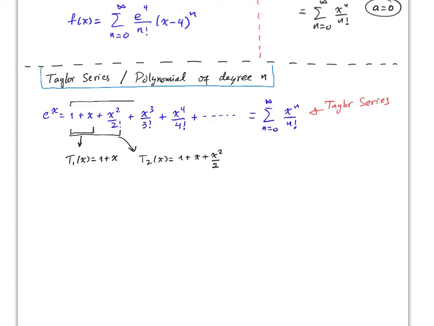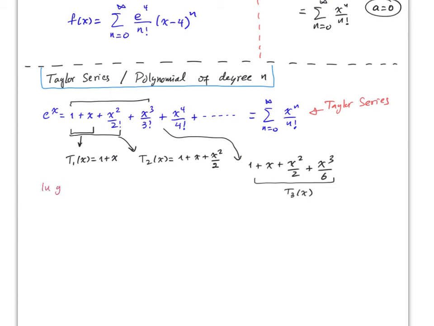And if we use this 3, then it will be the third polynomial, which will be 1 plus x plus x squared over 2. And obviously, the more terms you use, the more accurate it will be. Why is this important? Well, because you need to approximate things. So in reality, you will use the polynomials, not the series, because you will never go to infinity.